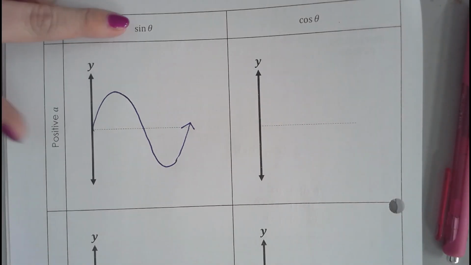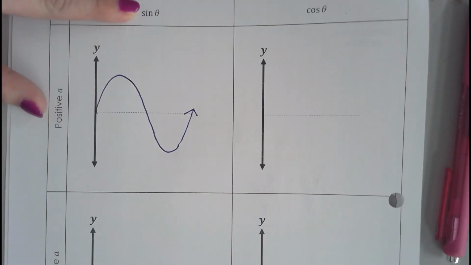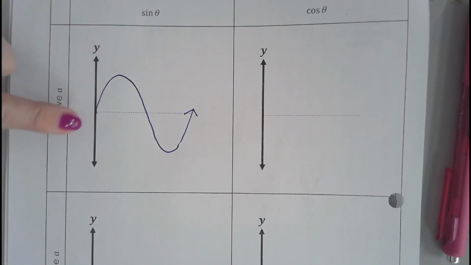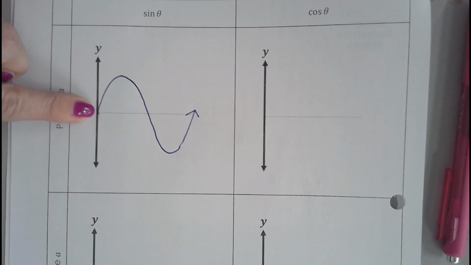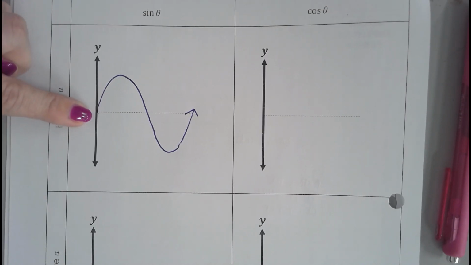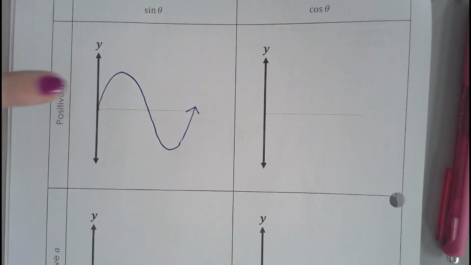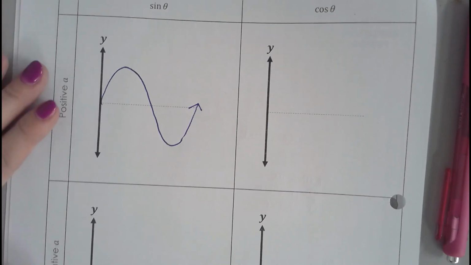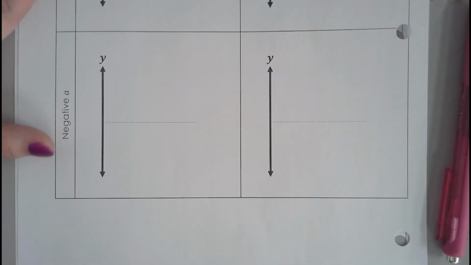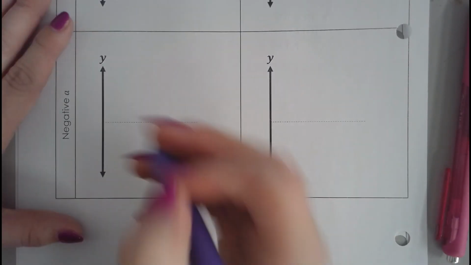So a sine with a positive A at the y-axis is going to start here. If it's sine but a negative A, so it's like negative sine, it's going to be upside down. A negative number in the front reflects across the x-axis, so it's going to look like this.